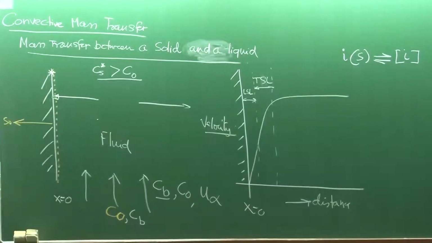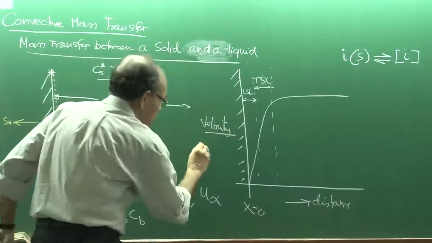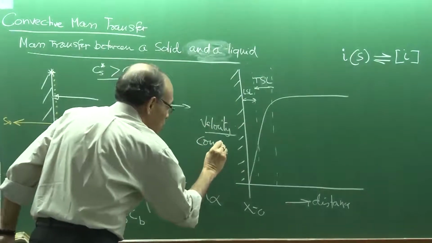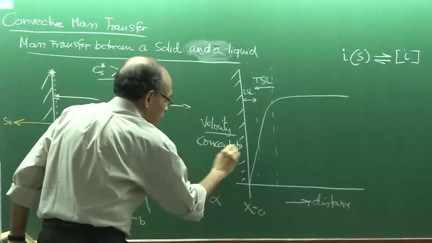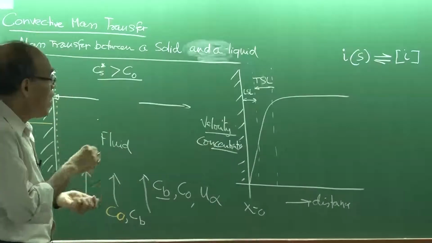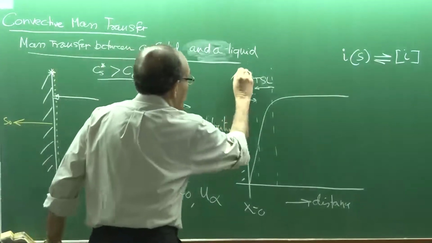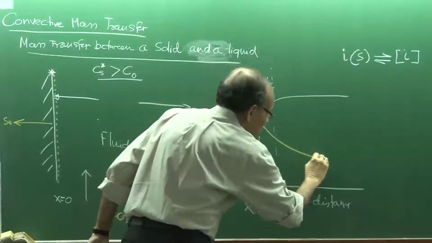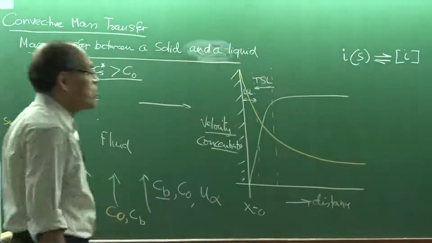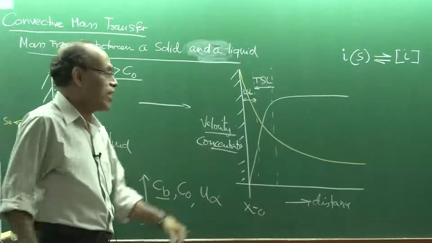As a result of that assumption we should be able to find out what the surface concentration is. So if you now draw the concentration, you have seen the velocity, now we also want to plot concentration along this particular axis, and the concentration profile goes from a region of higher concentration to a lower concentration. So we have a concentration boundary layer also.